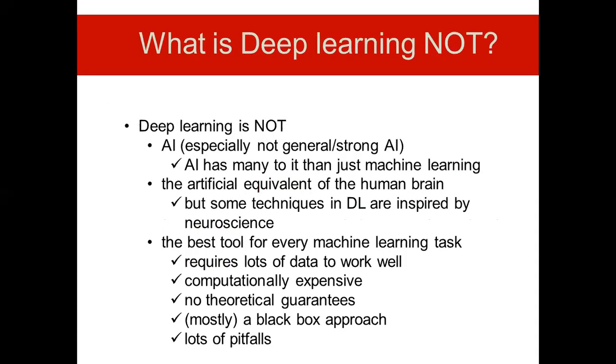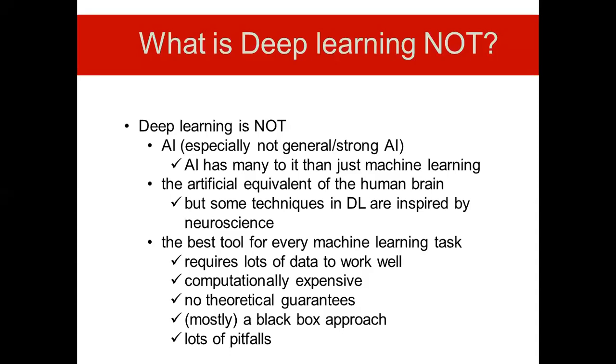So what is deep learning not about? Here I list some points. Deep learning is not about AI, especially not strong AI. It's a very specialized machine learning technique. It's a very small subset of machine learning, and machine learning is also a subset of AI.